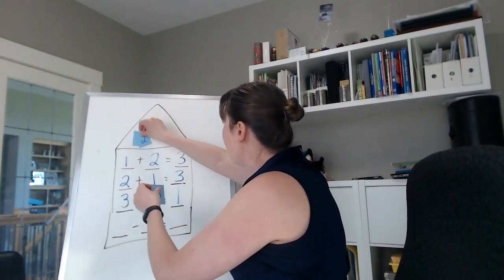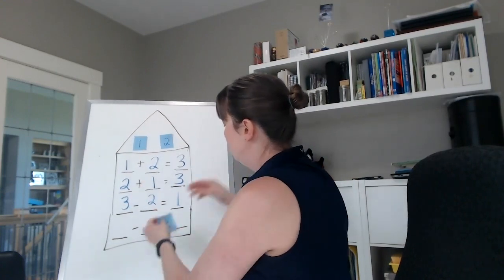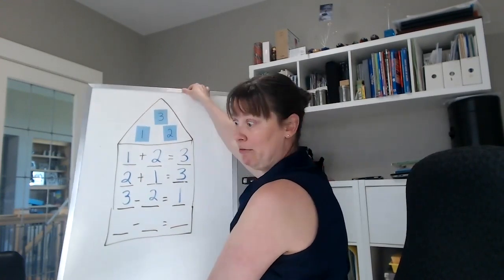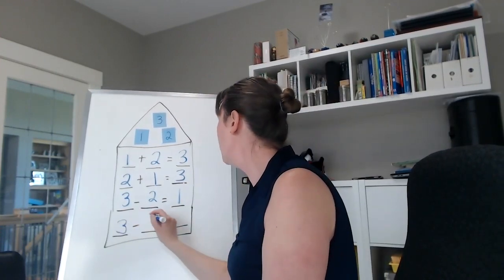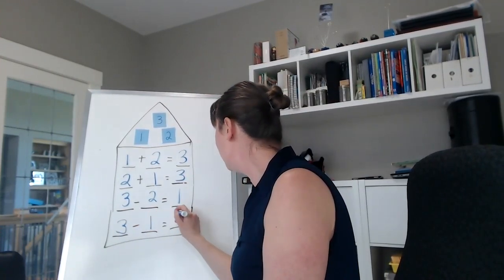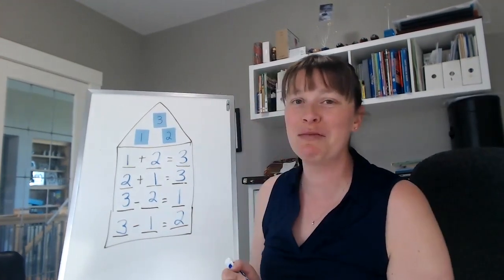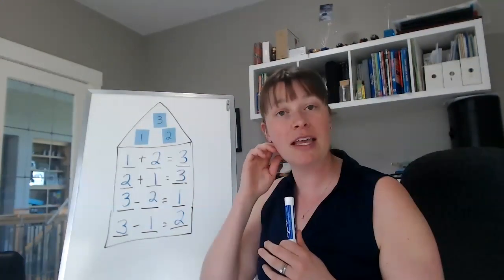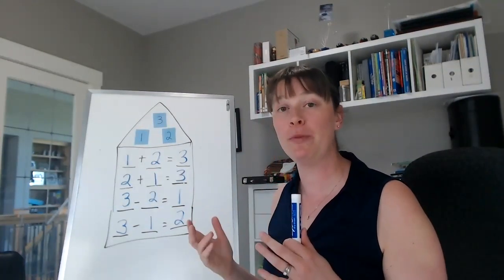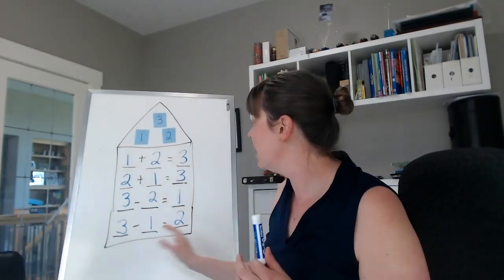So by using my fact family, I can come up with 4 different number sentences that work together, and they can help me add and subtract, and think of it like a strategy.